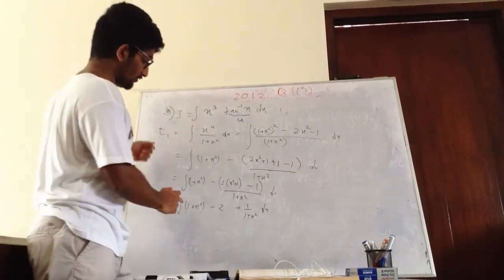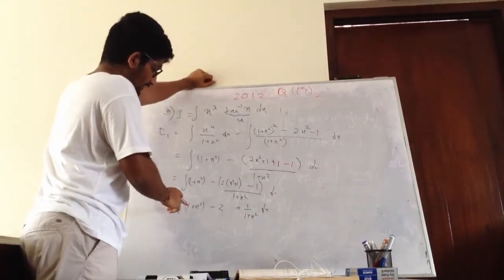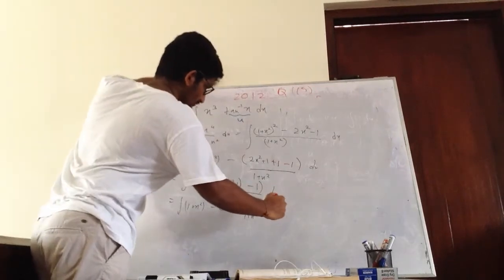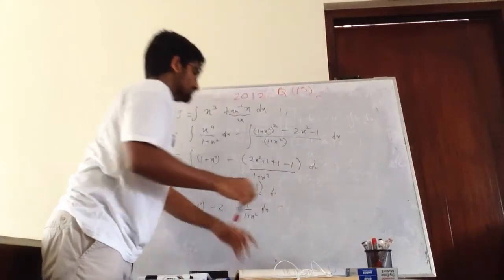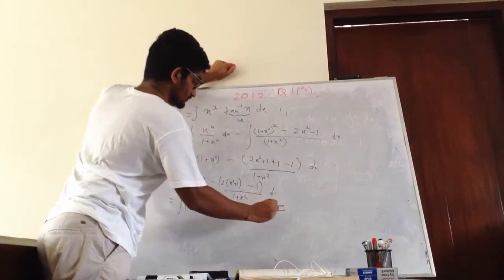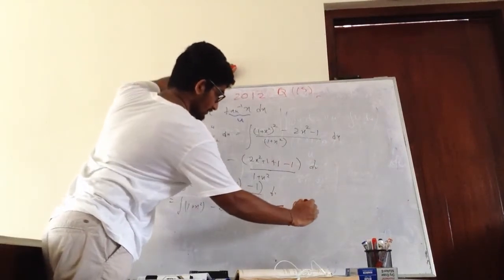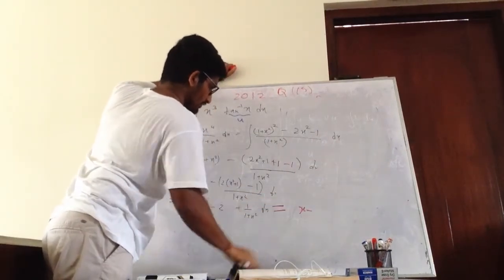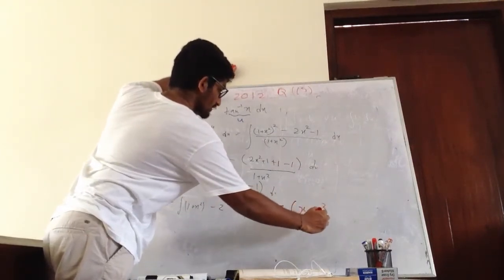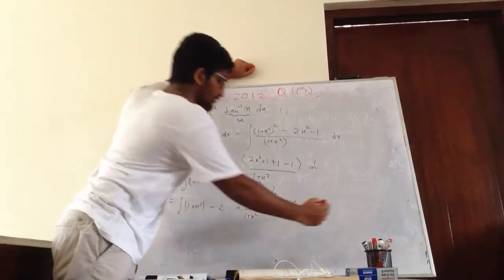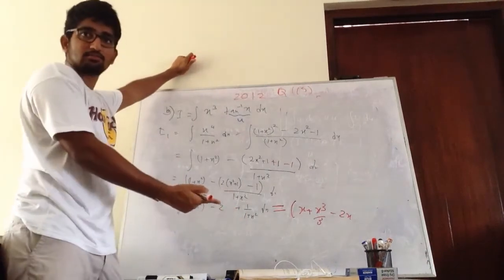So what is that? I know that this part is what? Now this, if I integrate, it will be x³ over 3, minus 2x, and this is basically tan inverse x.